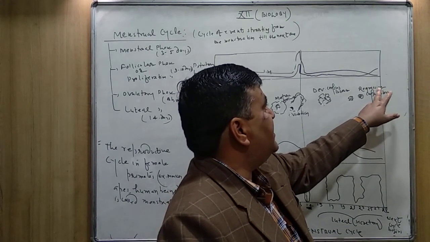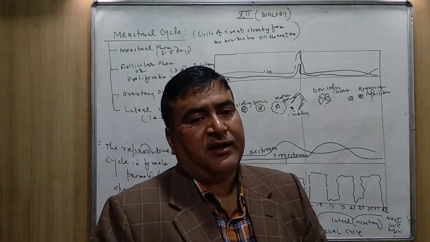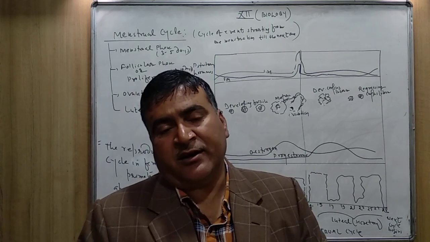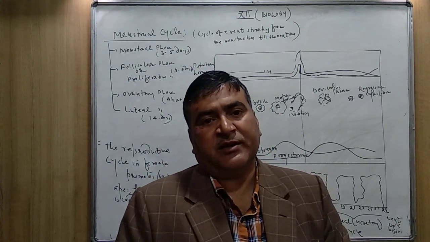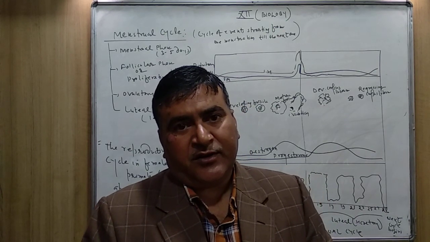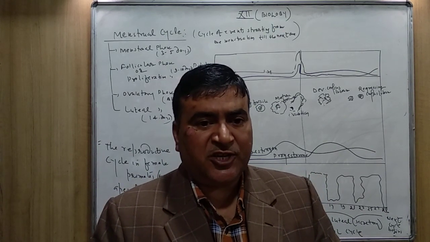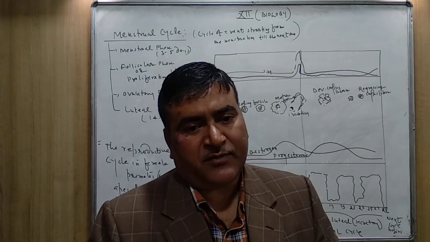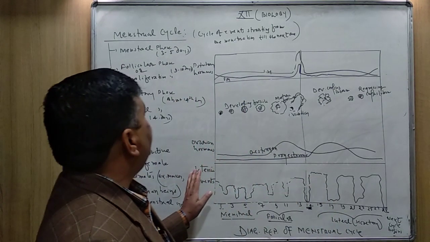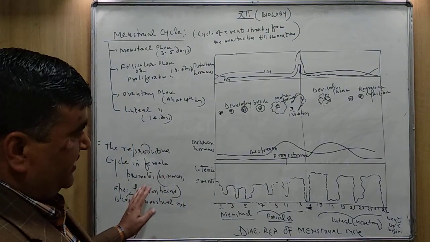Here I have written regressing corpus luteum, and due to the regression, or you can say due to the degeneration, the progesterone level becomes very low. There will be no synthesis of progesterone, and hence again the next cycle gets started. So that's all about the menstrual cycle.